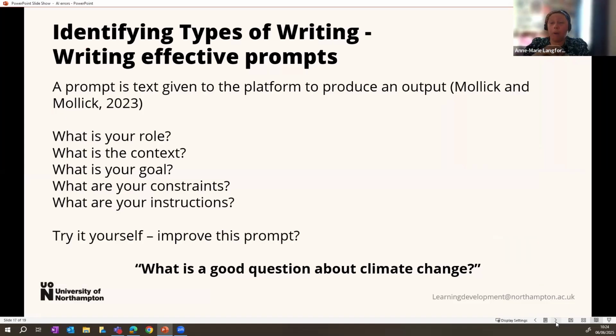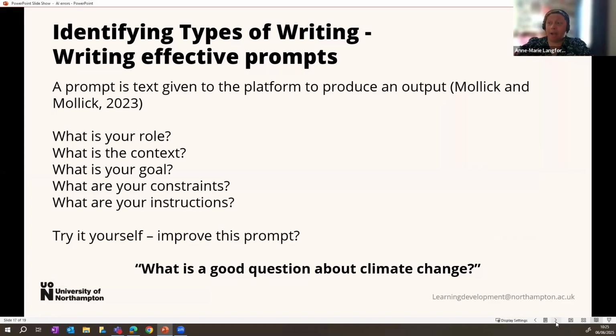So thinking about how to write an effective prompt, because sometimes we'll look at the prompts and we'll go, oh, if you're asking about climate change, it might just give you a very general overview, but actually if you look, your learning outcomes are about the impact of climate change on the supply chain, or whatever it is, it might be more specific than that.